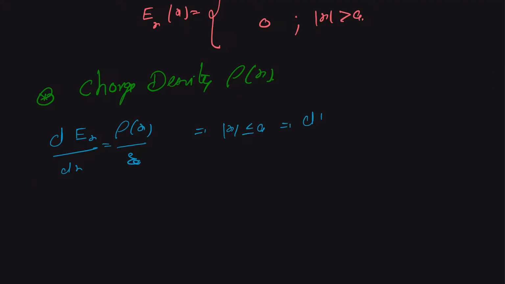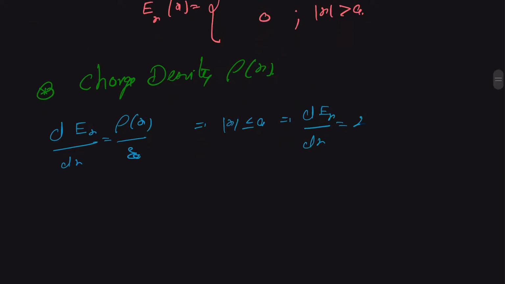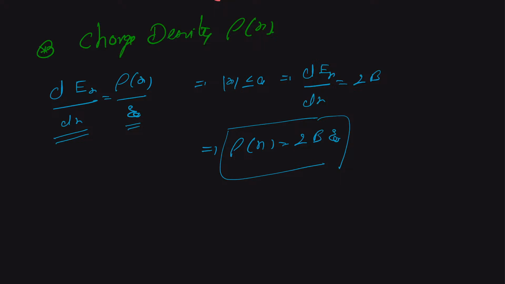Therefore the derivative of our electric field, electric field is 2bx, so this will be coming as 2b. So based on this, for the charge density, we substitute this as 2b and multiply by epsilon naught. So this comes as 2b epsilon naught. This is the value of our charge density whenever x is less than or equal to a.